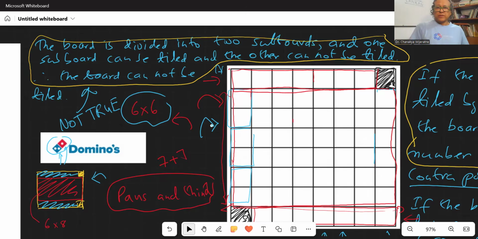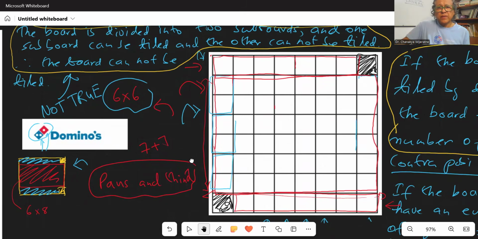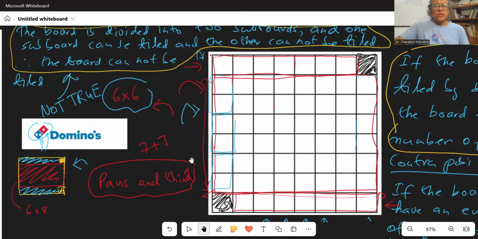For some reason, maybe it is easier to notice the movements of the chess pieces. So the board is colored alternately in black and white, right? So it happens that this coloring can be used to argue that this board cannot be tiled.